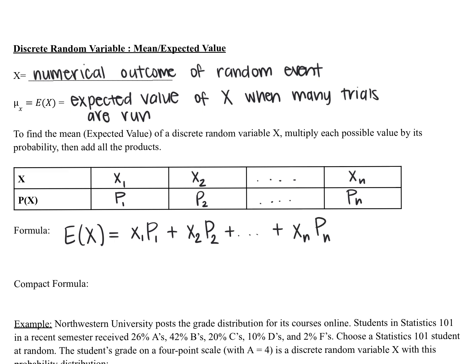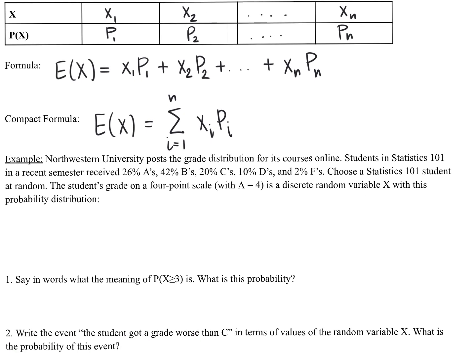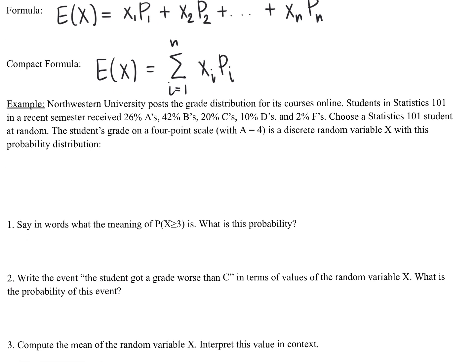So however many values are in your table. The compact formula, using summation notation, is the expected value of X is the summation from your first term to your nth term of x sub i, p sub i. And we're going to do an example of this so you can see it's actually a fairly easy formula to use.